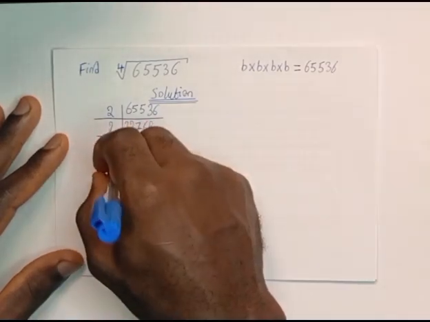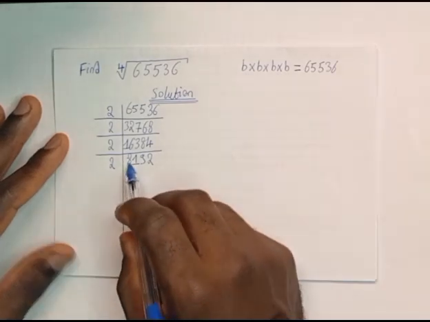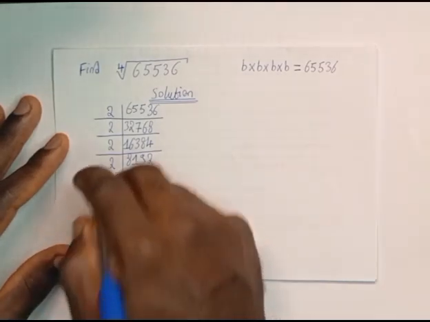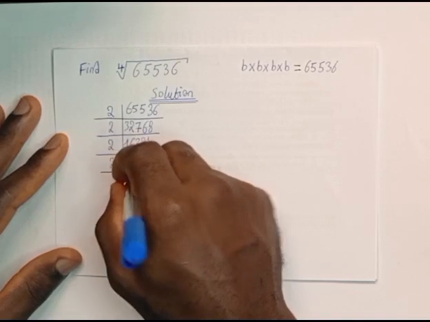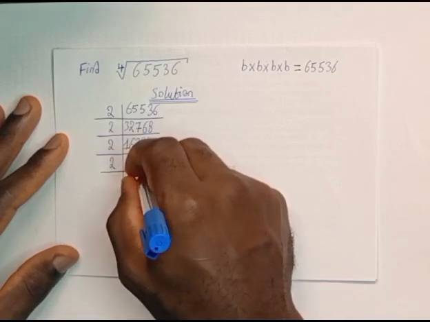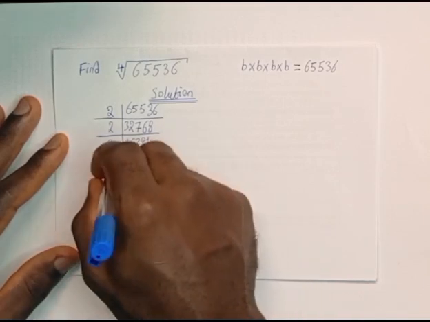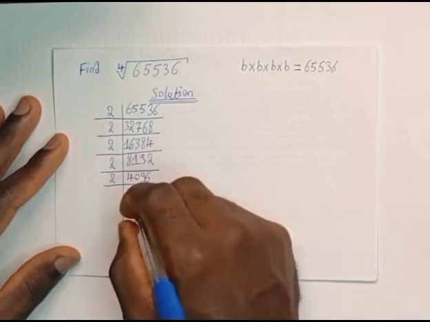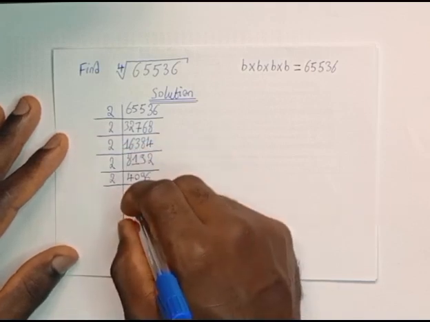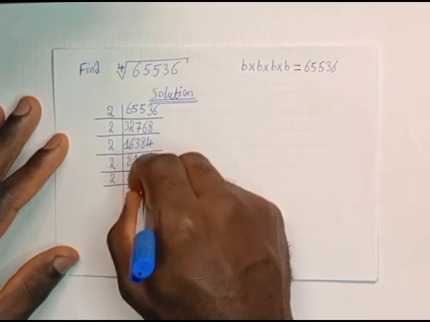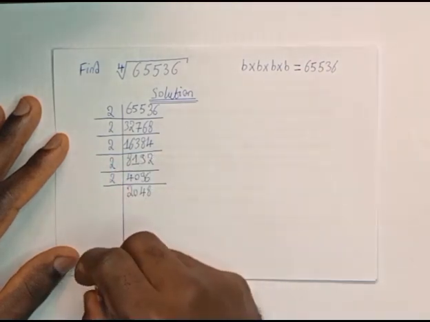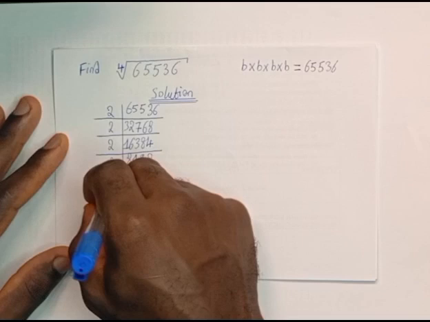We bring down 2 again. 8,192 divided by 2 gives us 4,096, which is an even number. We bring down 2 again. 4,096 divided by 2 gives us 2,048, which is an even number. Bring down 2 again.